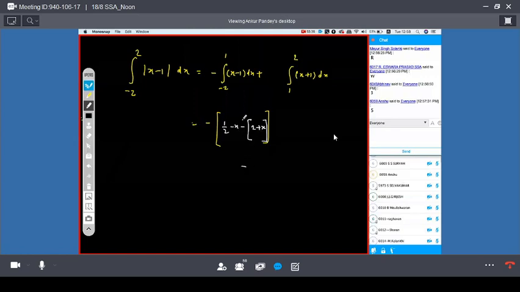X and x are minus 2x. X is what? In the first case it is 1 and in the second case it is minus 2. Clear?